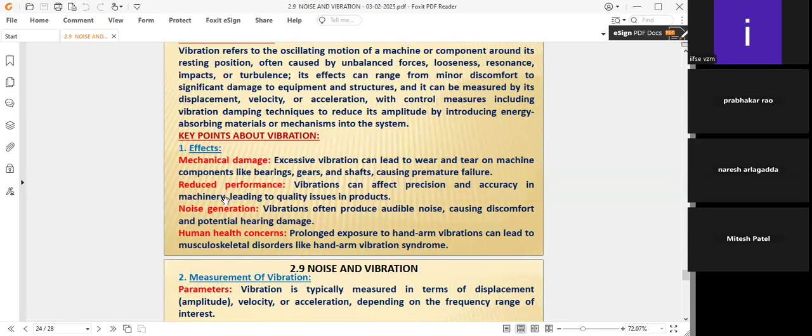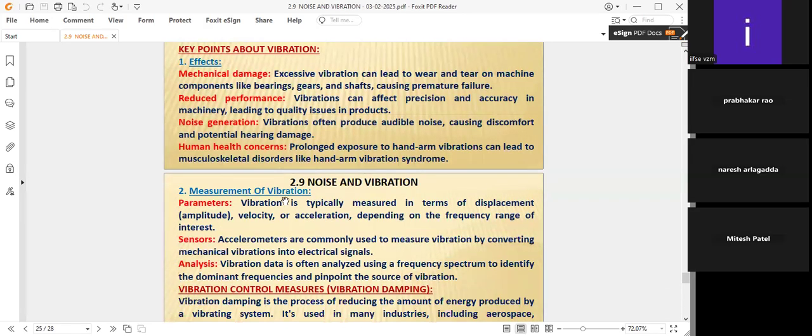Noise generation is also more, and productivity is less. Thereby, human health concerns also arise. These are some effects due to vibration or noise levels.